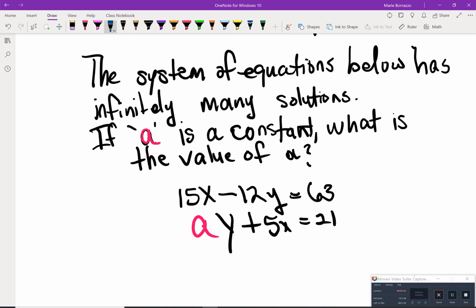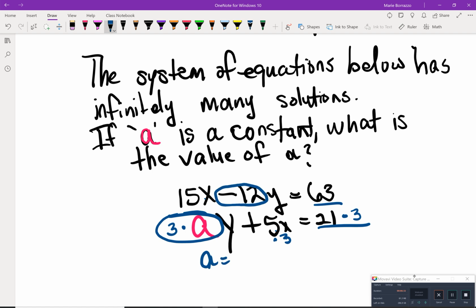Now, it doesn't take much for you to realize that 21 times 3 will be 63, right? So that means that if I multiply this times 3, I'll have a 15x. And if I have a number here times 3, that will give me a negative 12. So that A, in this case, has to be a negative 4. Just remember the product of these two has to give you, in this case, the negative 12. So that A has to be equal to negative 4.